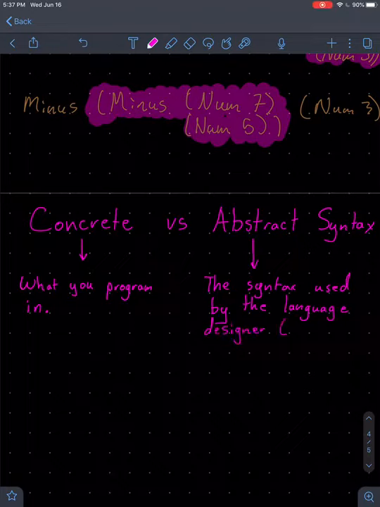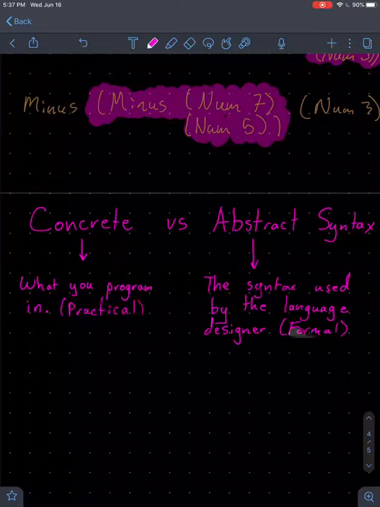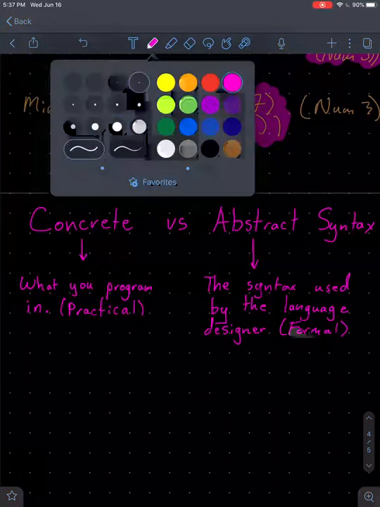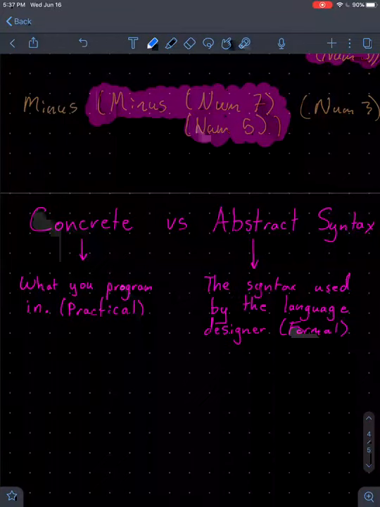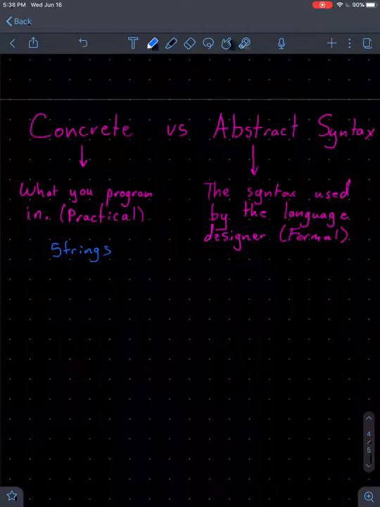It's more formal, whereas the concrete is more practical. Ergonomics come into play when you're designing concrete syntax, but definitely not when you're doing abstract syntax. We'll always write concrete syntax in strings, whereas abstract syntax is always a custom-rolled data type.